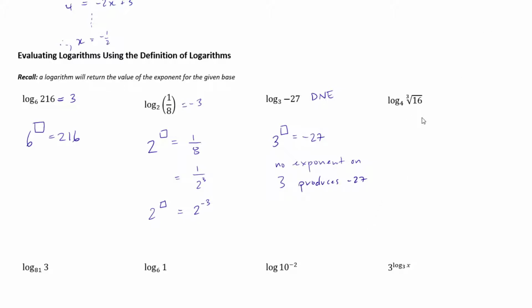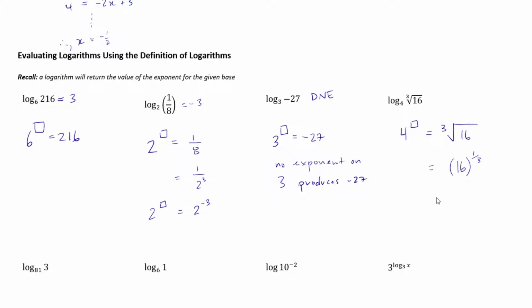For this next question right here, again, we are thinking 4 to what power produces the cube root of 16? Well, this causes us to recall what we learned in grade 11, that the cube root of 16 is the same thing as saying 16 raised to the 1 over 3.